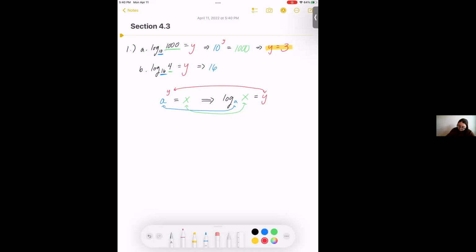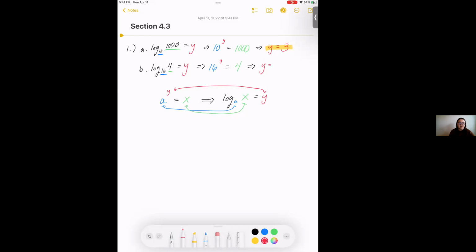It's to some exponent y, and it's equal to 4. So we want to know, what is this value of y going to be? It's the exponent of 16. 16 to some power has to be equal to 4.